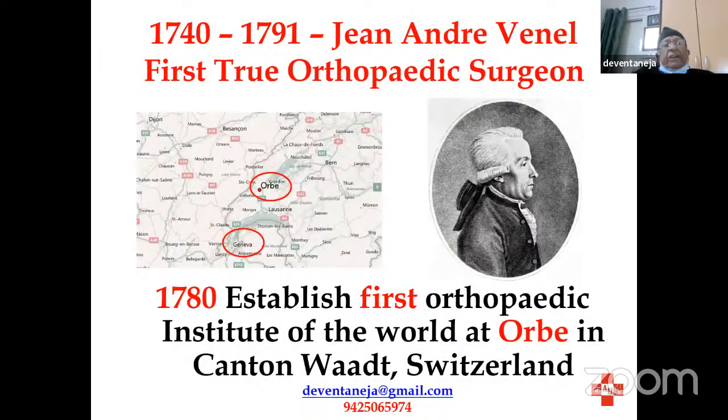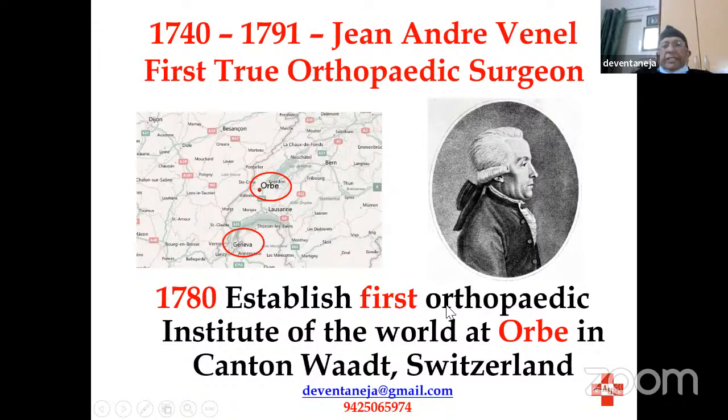A very interesting thing which I found is that since 1780, a doctor called Jean-Andre Venel, from Switzerland, established the first orthopedic clinic in Switzerland, in a place called Orbe, which is away from Geneva.